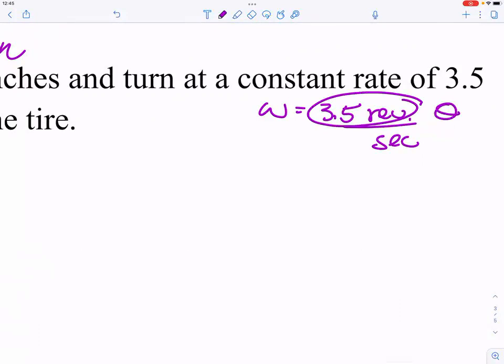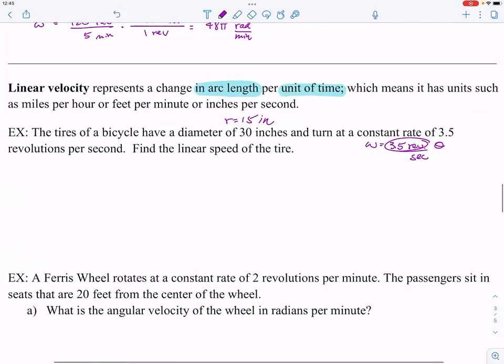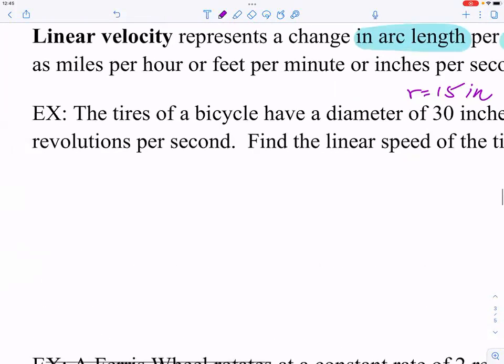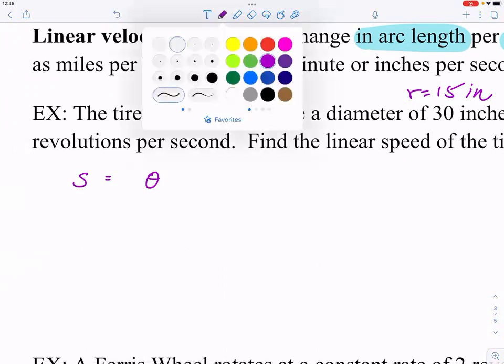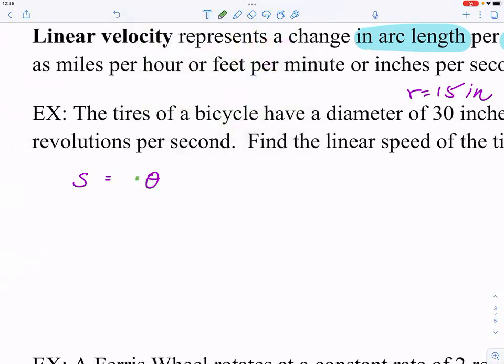How can we change our theta into arc length? Well, look at the equation we wrote earlier. If we have theta, what do we need to do to get the arc length? We need to multiply by r. Right?